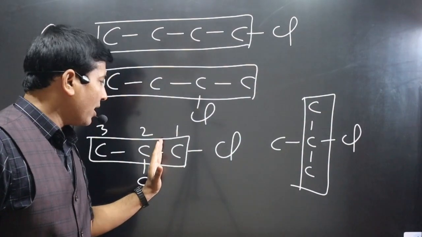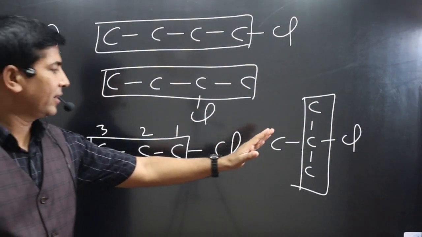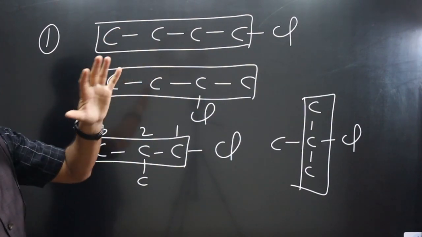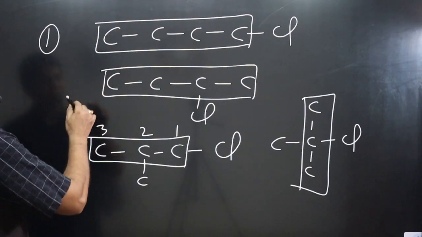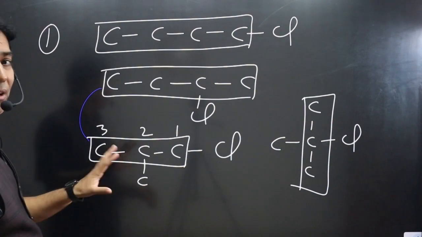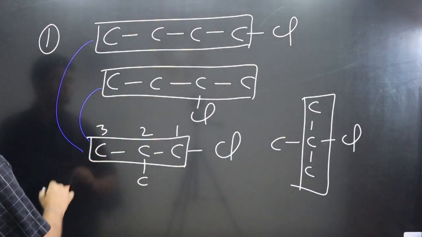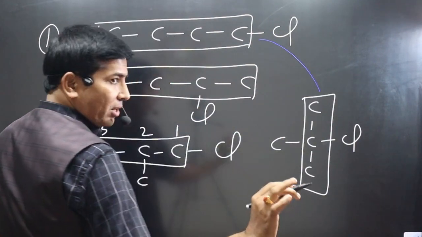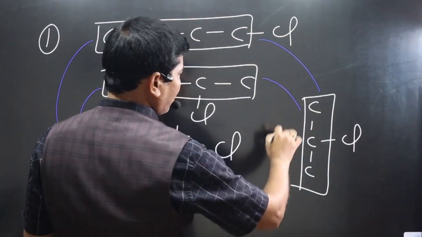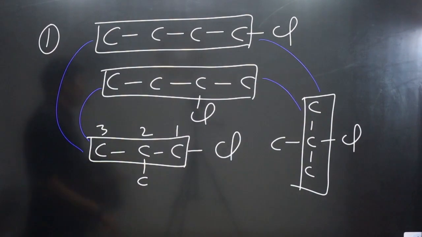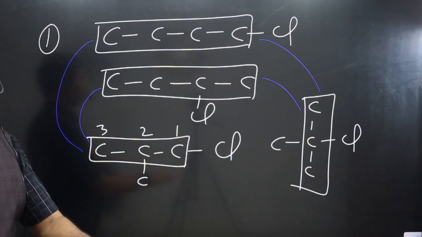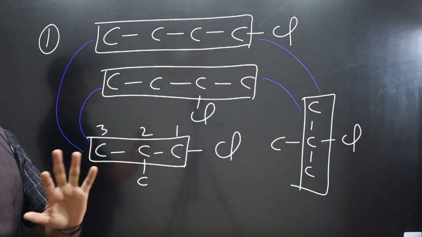These 2 are examples of position isomers, and this one is an example of chain isomers. This one is an example of chain isomers because the parent chain is not the same. In chain isomers the parent chain is different, and in position isomers the parent chain is the same.